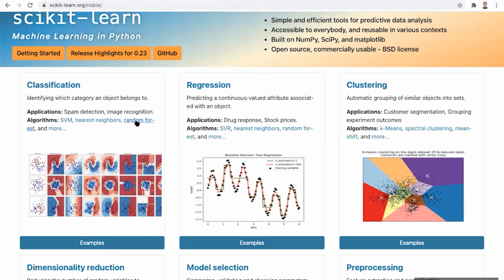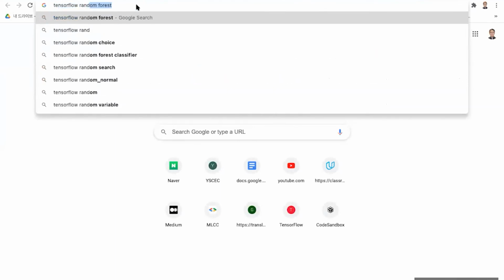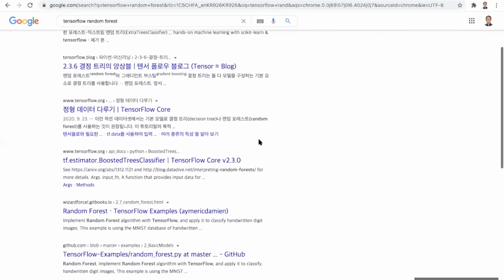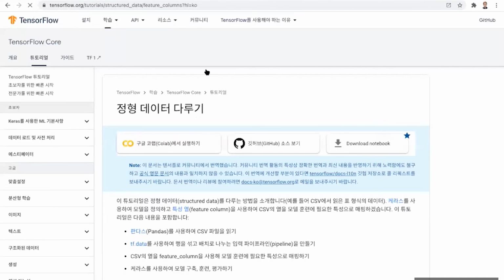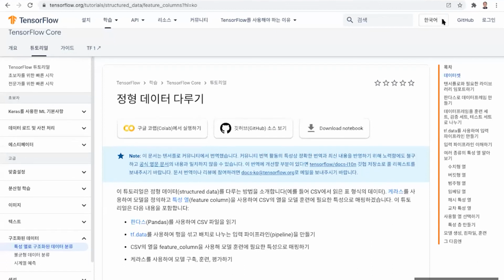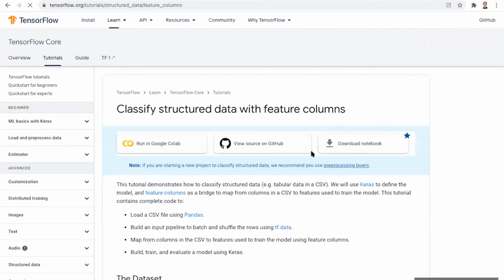For example, the random forest. But if you search for TensorFlow and random forest, I don't know why I see this one in Korean, so maybe I can change it to English.